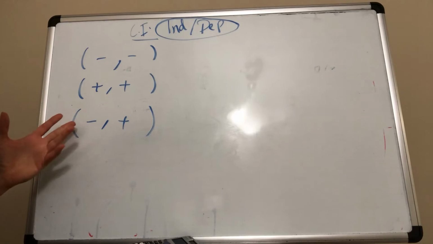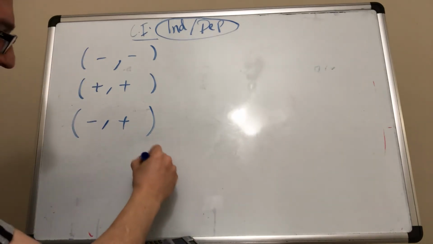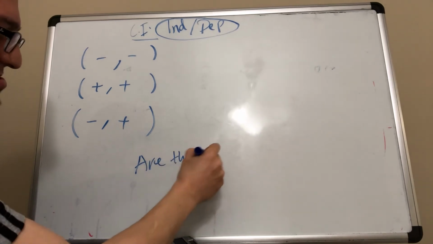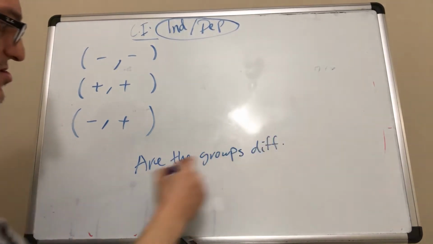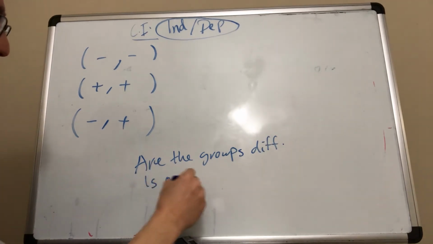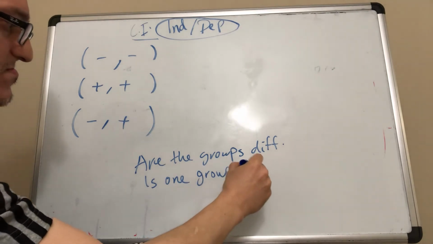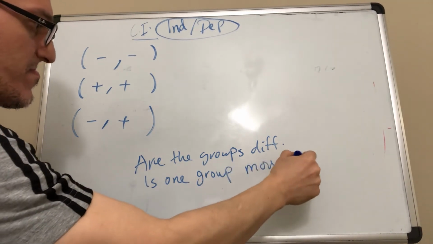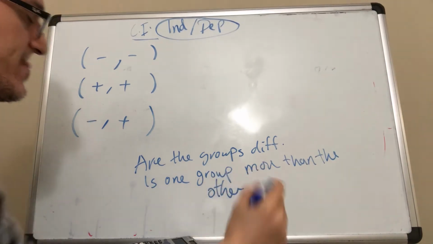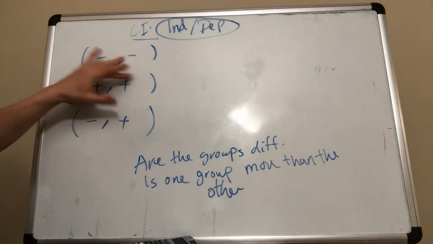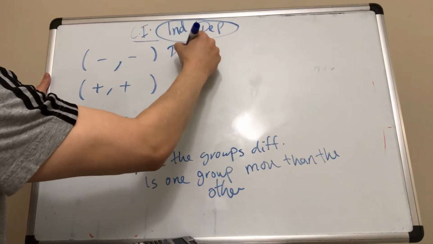And then they ask you, based on this, are they different? Are the groups different? Or is one more than the other? Now, if they're both negative, you say they must be different.